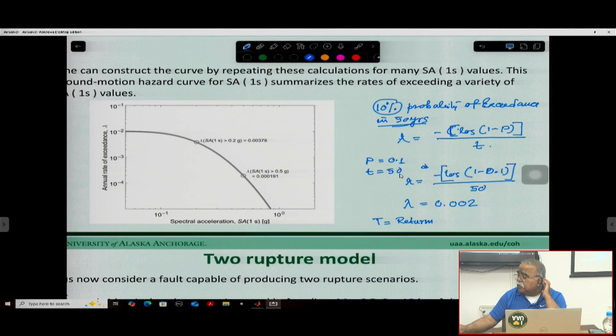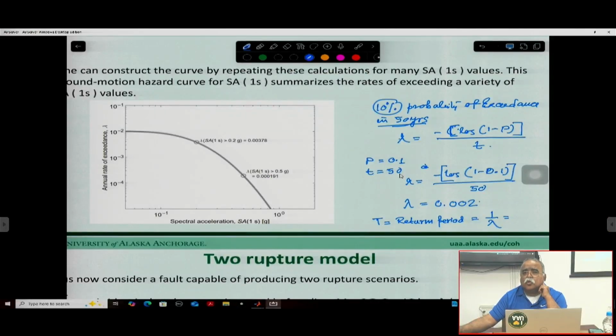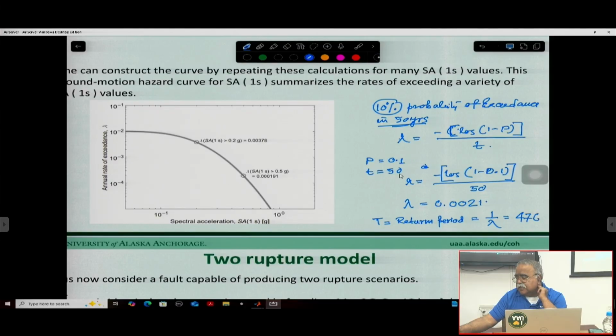So the return period comes out as 476 years.